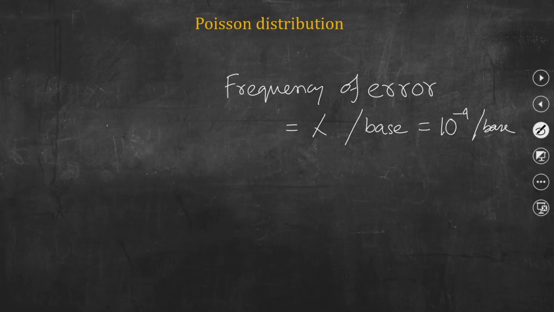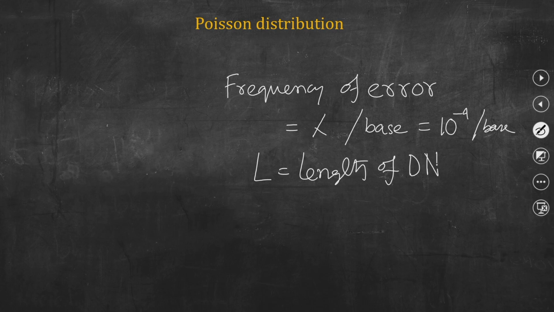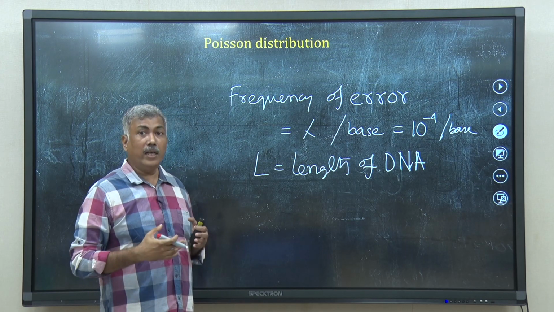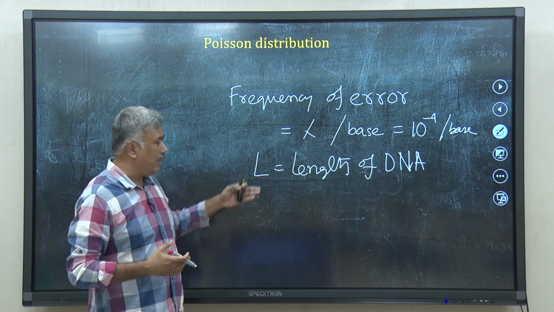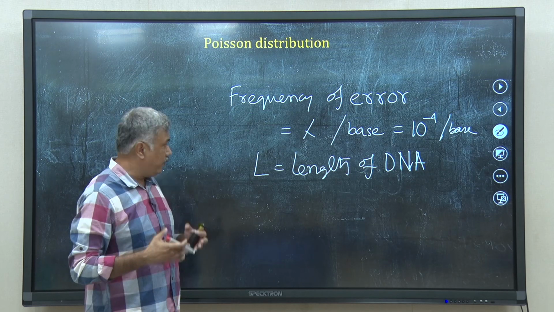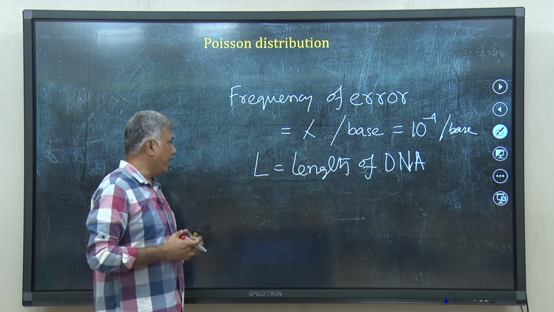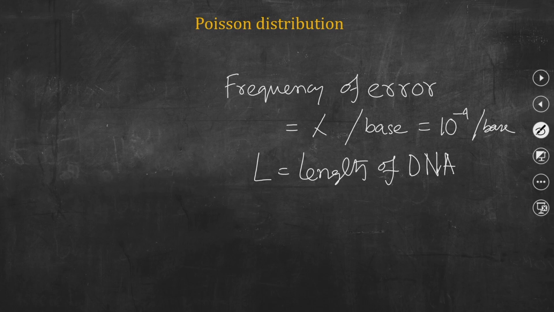And suppose I have taken a DNA sequence of length L, that is the length of my sample DNA sequence, and I have sequenced it. So now I want you to calculate the probability that if I sequence this DNA of this length L, which is very big, what is the probability that there will be 3 errors.